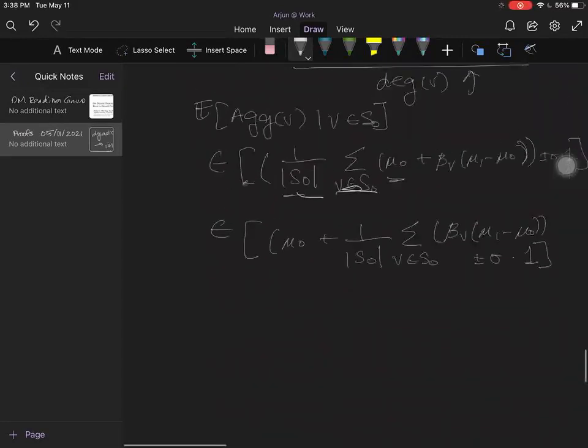And we have the same thing for S1. So for S1, it's going to be the exact same setup. It'll just look something like this.